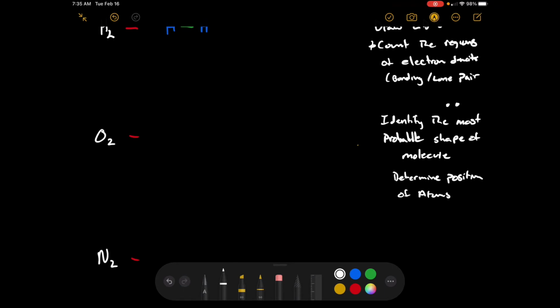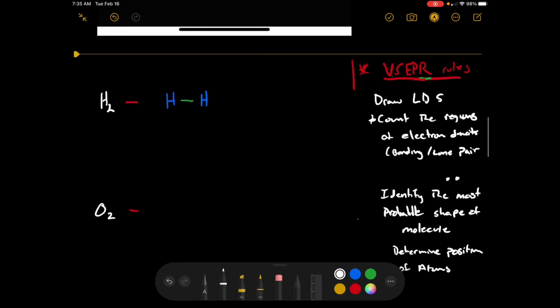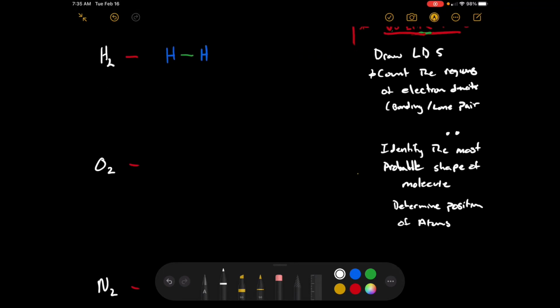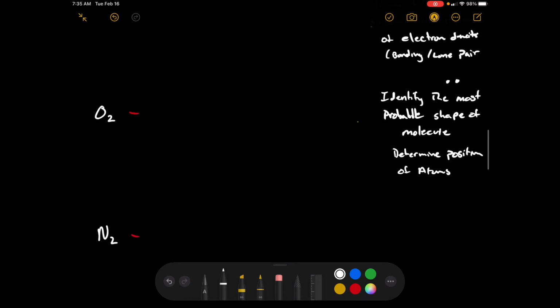And that's it. Pretty simple. So you draw the structure, you count the regions, you identify the most probable shape of the molecule, you determine the position, and then you do your best to draw it out.